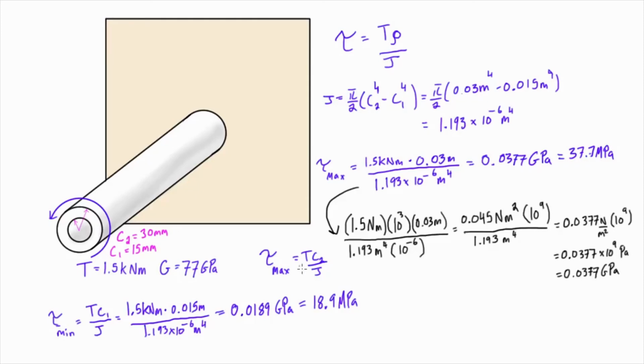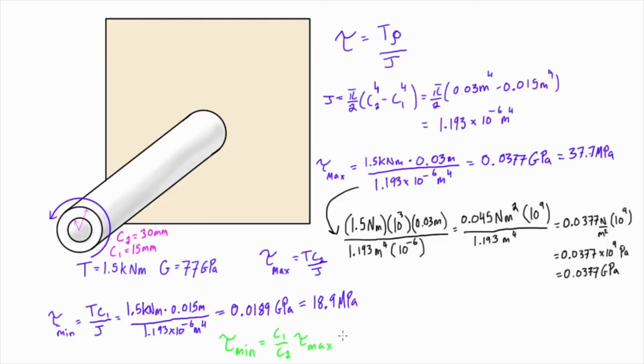So this is the shear that we're feeling on the inner wall, which happens to be our minimum shear. Now there is another way that we can calculate minimum shear. The other expression for minimum shear is tau min equal to the ratio of C1 over C2 times the maximum shear.